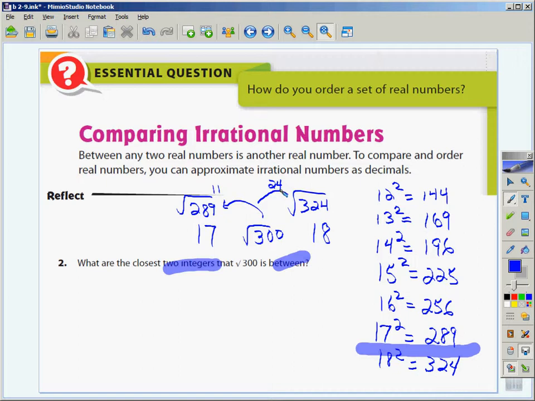We don't have to be 100% accurate to compare. We just need to know an approximate value and how to find that relatively quickly. So having a list somewhere that you could reference might be a good idea, but starting to memorize those perfect squares is a really good idea, especially through 15.